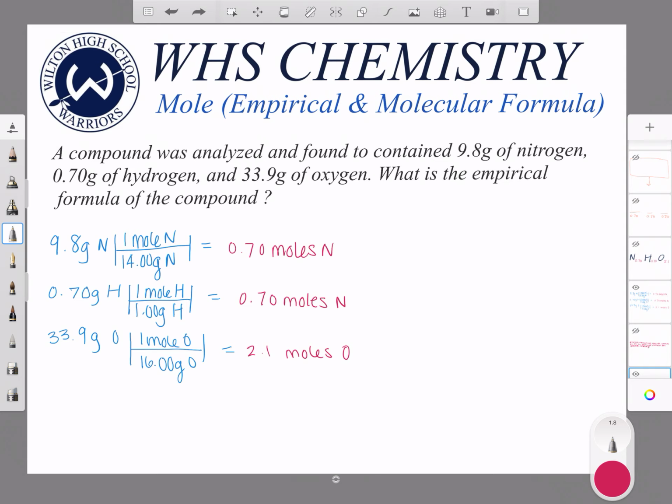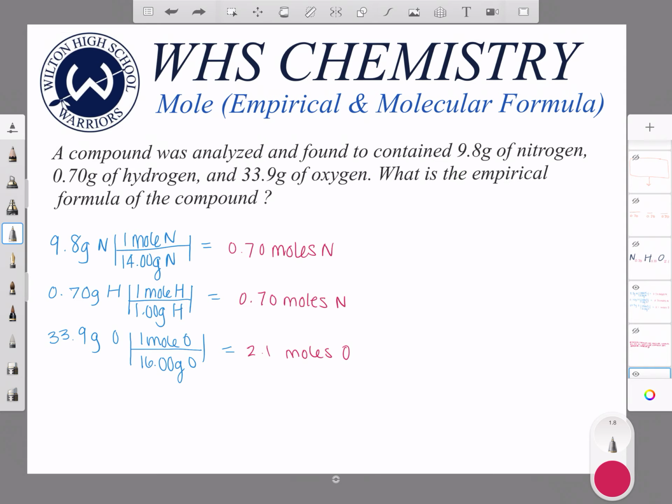So for nitrogen, hydrogen, and oxygen, we convert all of them to moles. We do this by taking the molar mass of each from the periodic table, and we do the mole conversion. Let's do nitrogen together.